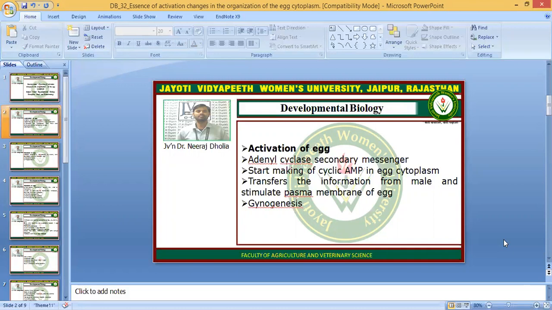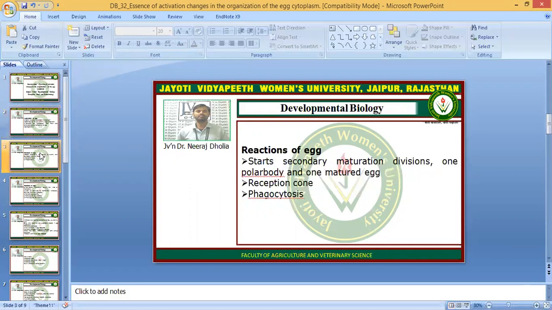So it is the secondary messenger, and the primary messenger will be male gamete itself, the nucleus of the male gamete, because it carries the genetic information of the male and transfers it to the female. So the processes or the changes or the reactions which occur in the egg cytoplasm is known as the gynogenesis. Okay, so what reactions occur in the gynogenesis we will study here.